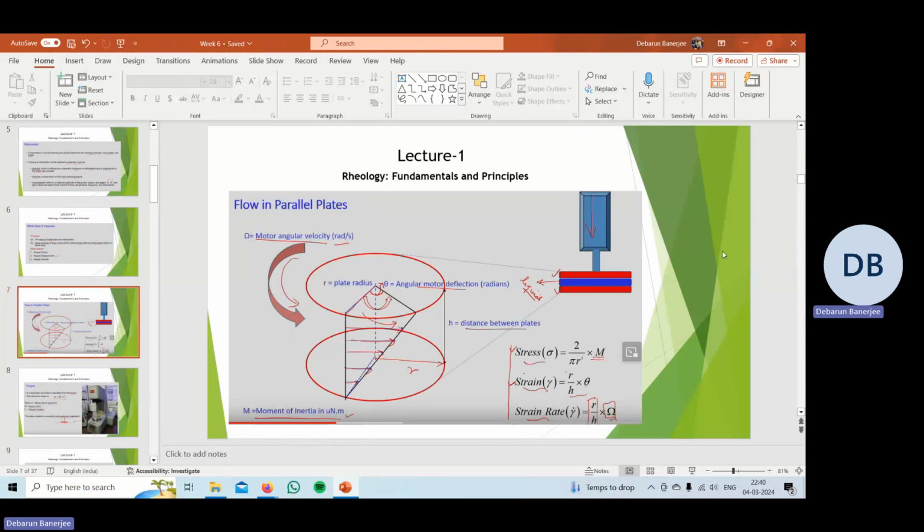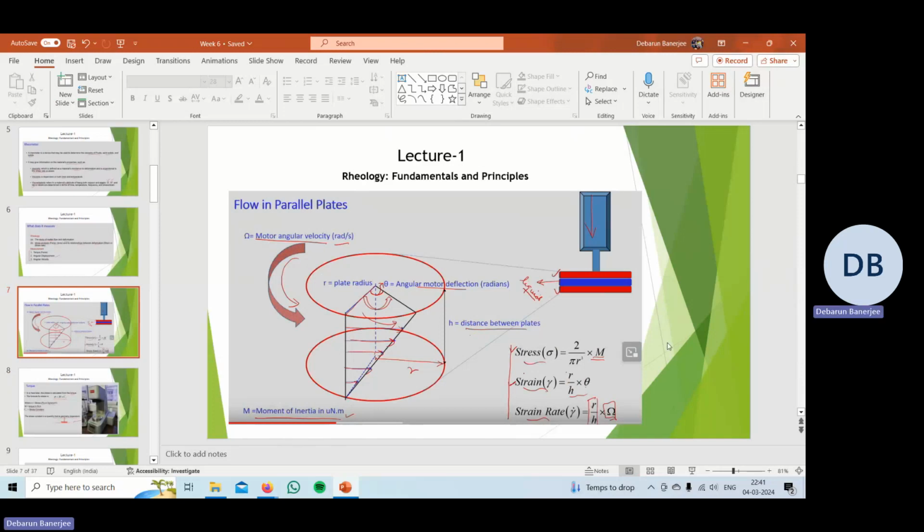So if we take the flow in parallel plates, R is the plate radius, theta is the angular motor deflection in radians, omega is the motor angular velocity, and h is the distance between plates.